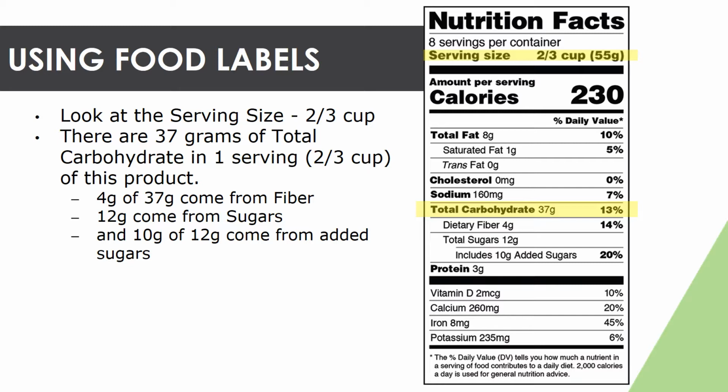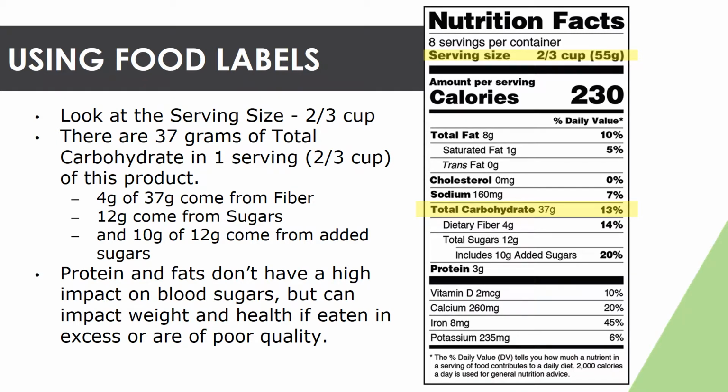These include both naturally occurring sugars from things like fruit or milk and added sugars from sucrose or other forms of sugar. The new labels will further break down these sugars into added sugars. So 10 out of 12 grams are coming from added sugars.